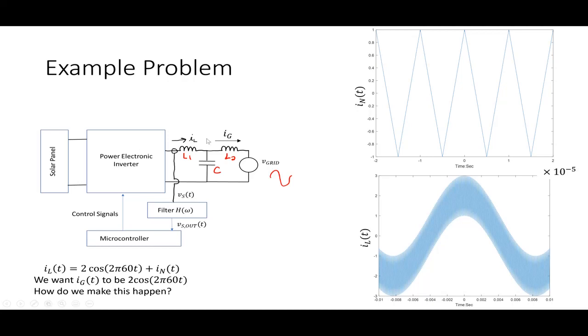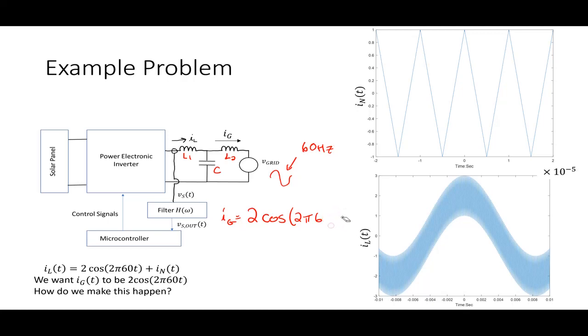So in this particular case, our goal is for I sub G, the actual current right here, I want that current to basically be just, in this case, 2 amps times cosine 2 pi 60t. So one thing we haven't said yet is the frequency of this voltage is 60 hertz, or 2 pi 60 radians per second.